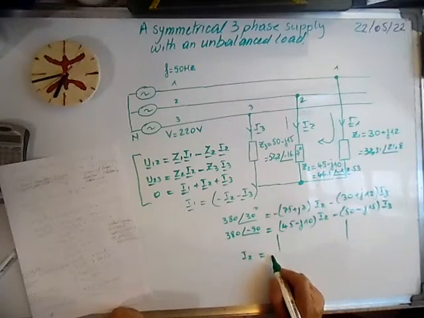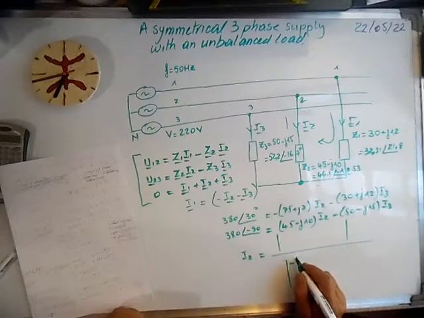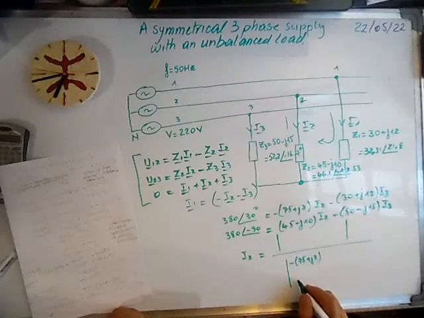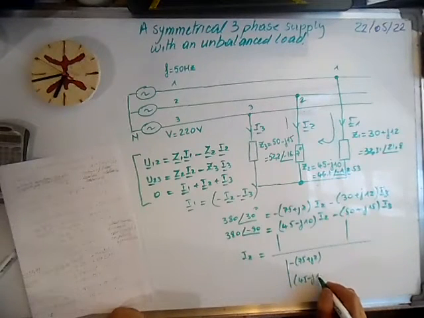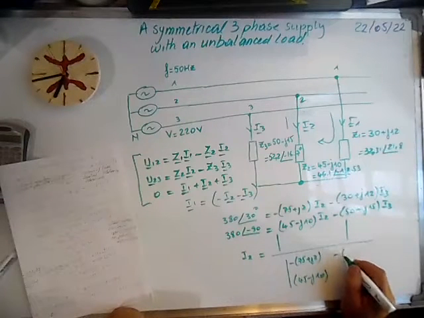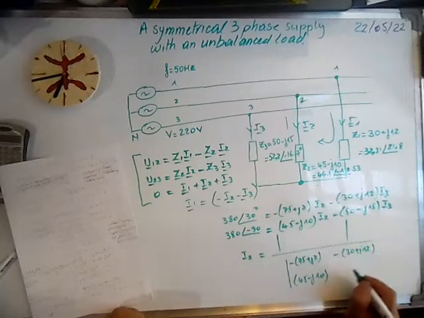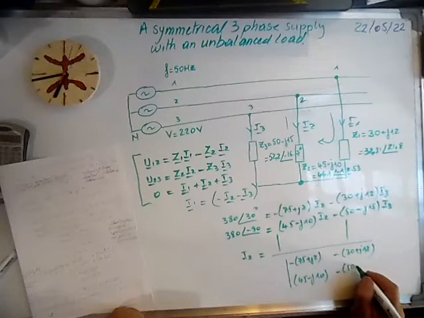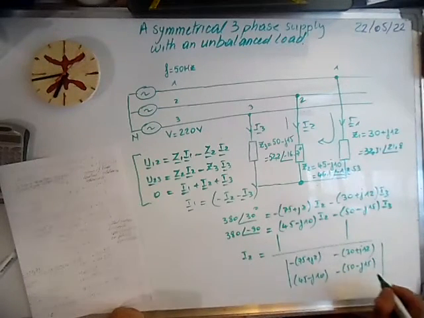We can write it: 75 plus j2, here we have 45 minus j10, and here we have minus 30 plus j12, and here we have minus 50 minus j15.